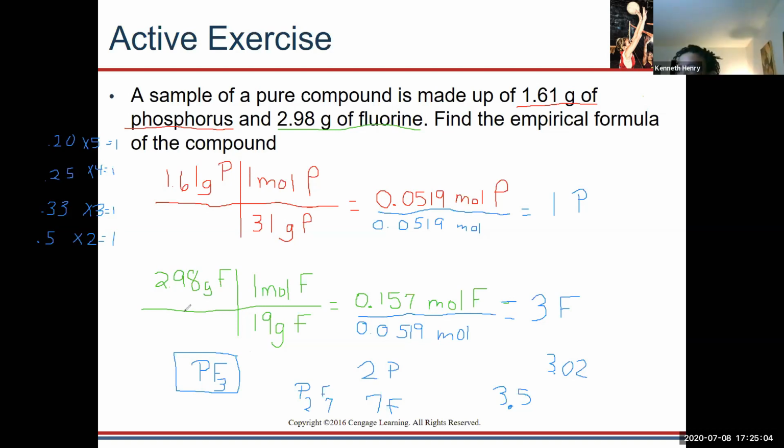Okay, so I'm going to change the problem right here. That was for the last problem. Take a picture of it for the last problem, but I'm going to change it now. Let's say that we have a pure substance and we have 3.45 grams of fluorine. So this is gone. This is going to stay the same, but we're going to go down here and put 3.45.